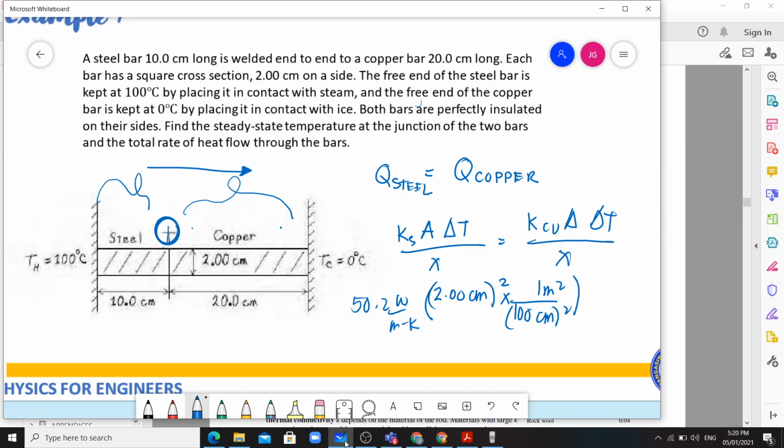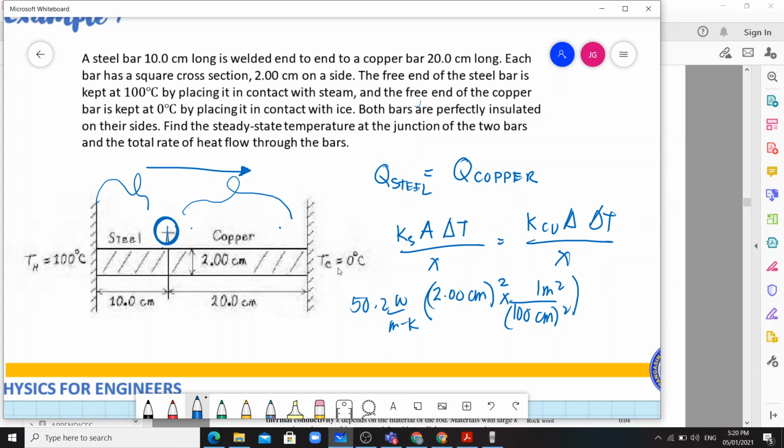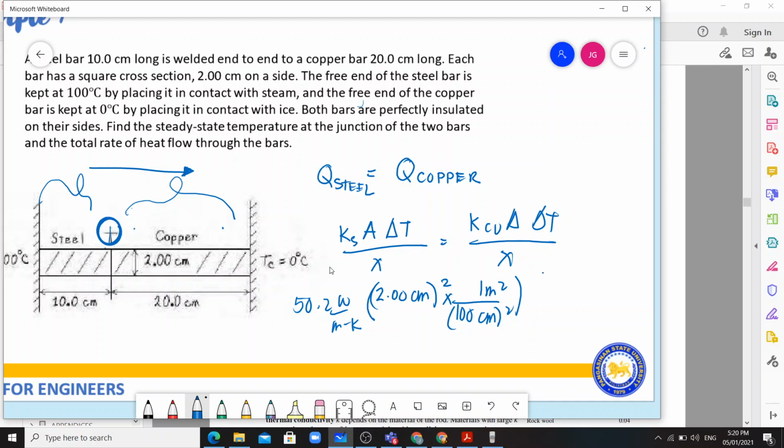Okay. At delta T is, dahil mainit to papunta sa malamig. Okay. Mainit.